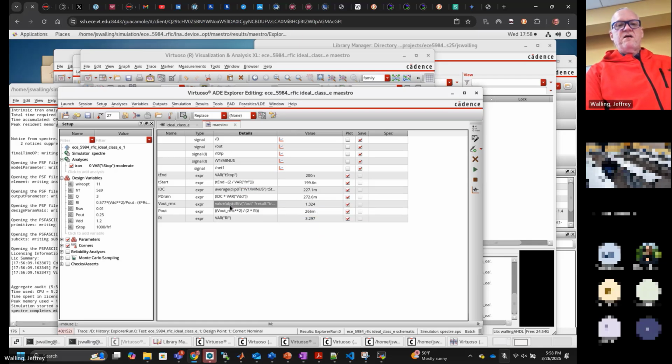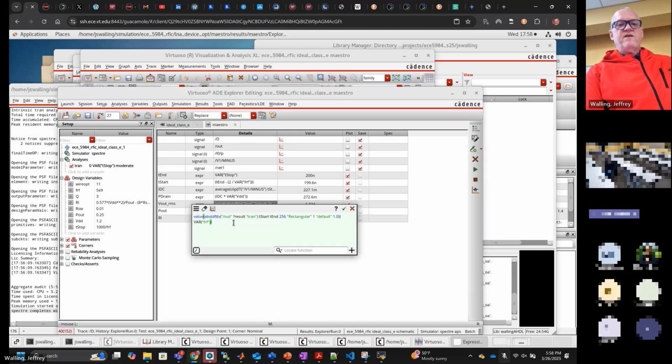My RMS output voltage is found by taking a DFT of the output waveform from T start to T end. We want to make sure we get exactly an integer number of periods here, so that we don't end up folding information into the wrong bins of the FFT.